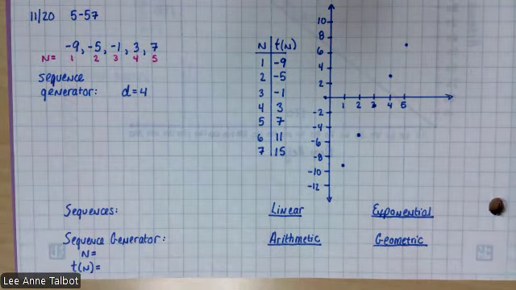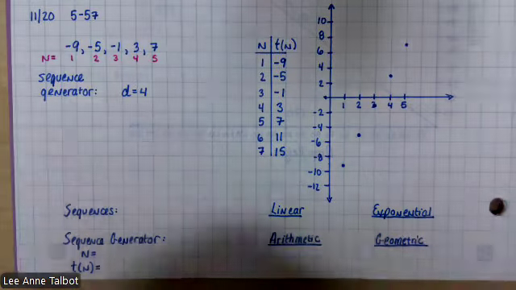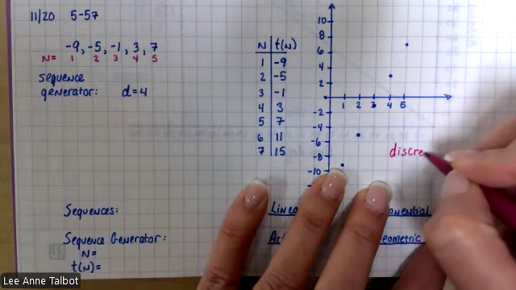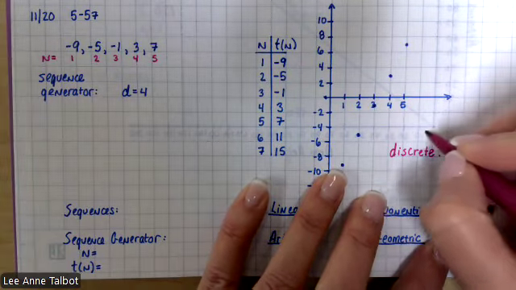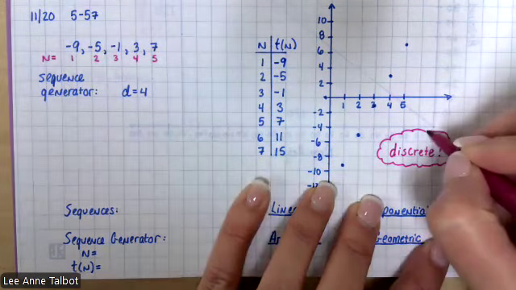On the resource page that we do in a few minutes, you won't be able to fit all of the points on your graph, and that's okay. Just fit the ones we can fit. But it's really important to me that you see that it makes a line, but we're not going to draw the line. We're going to leave it as dots. And this is called discrete, which means we're leaving the gaps.